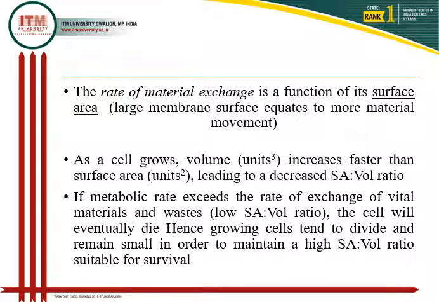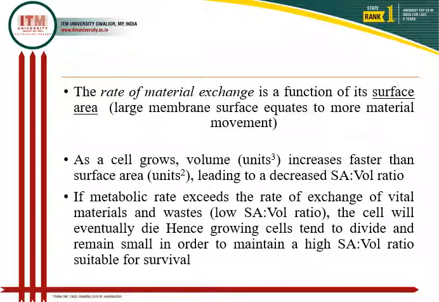So when the cell grows, the volume increases as compared to surface area, and this leads to a decrease in surface to volume ratio. Now the metabolic rate exceeds the rate of exchange of material, because metabolic rate depends on volume and the rate of exchange depends on surface area.